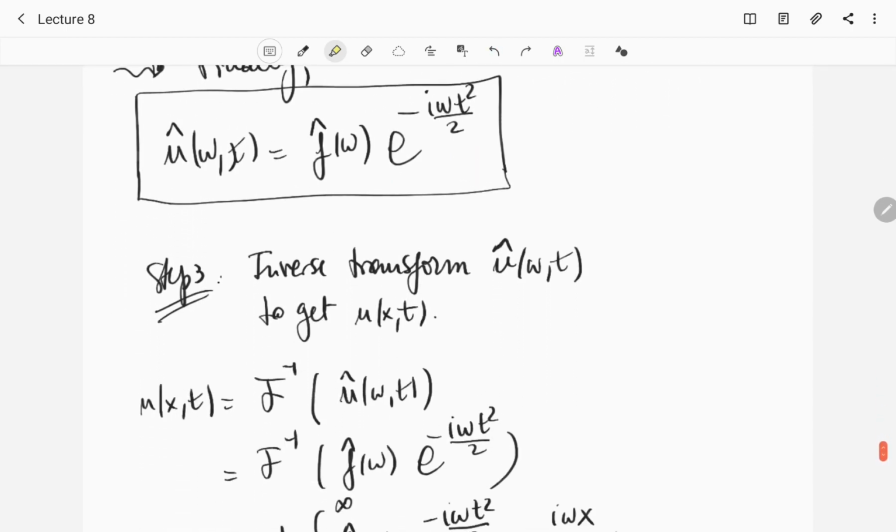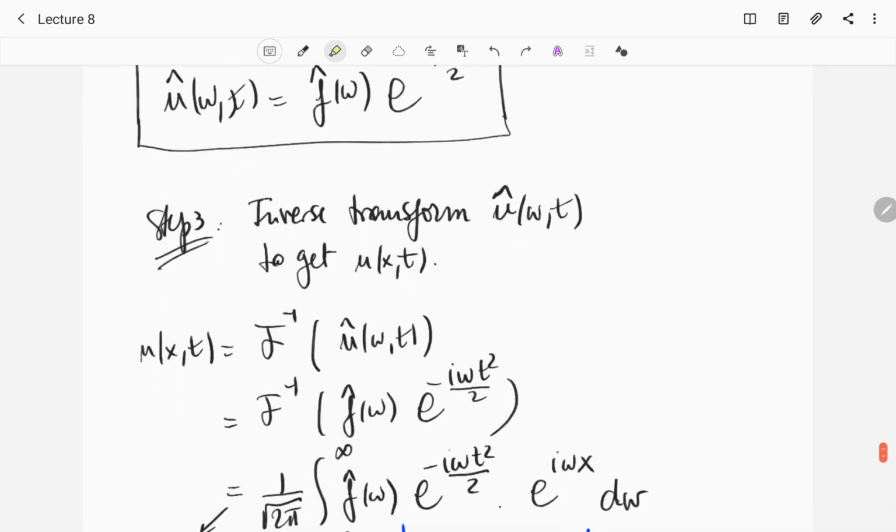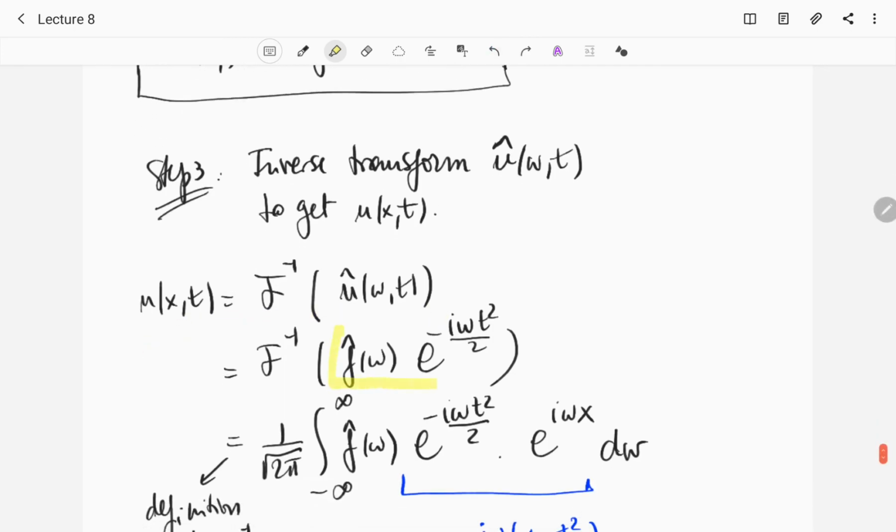Okay, step 3. We don't really care about the Fourier transform of u. We need u, which is the solution of the original problem. So we anti-transform the transform of u. This is the first line. Second line, we just copy what we got in step 2, the final formula.